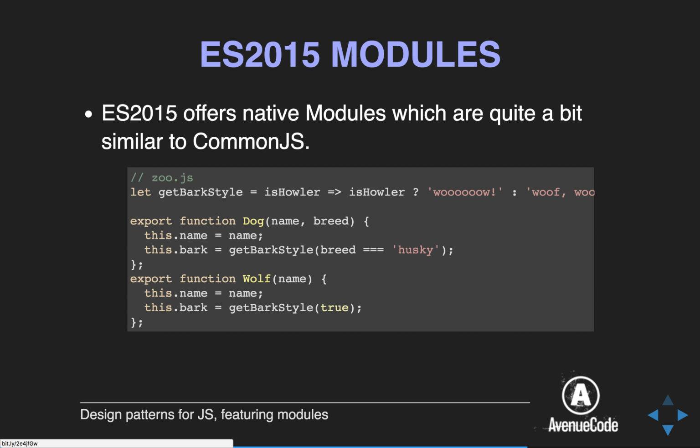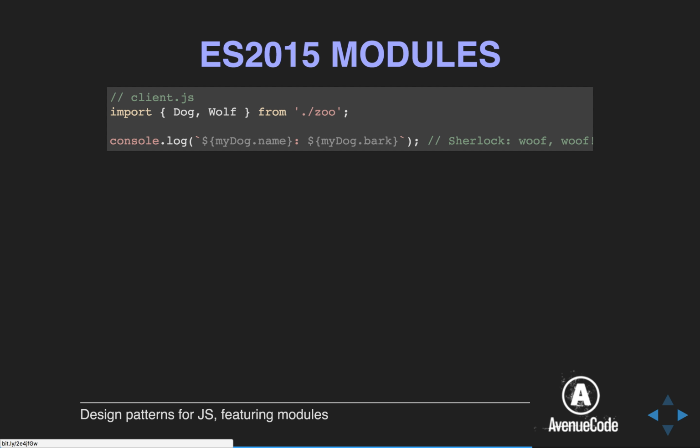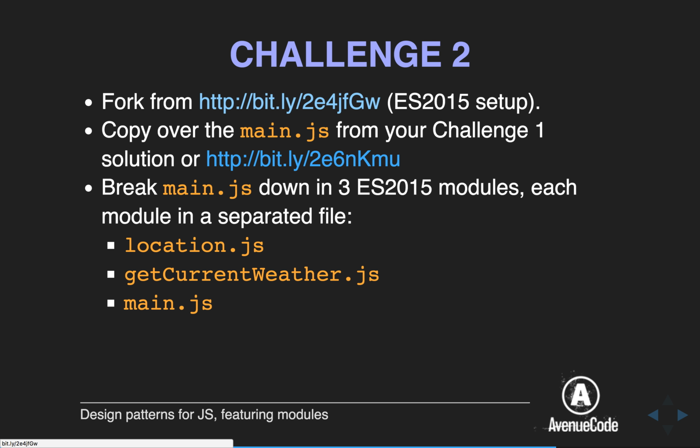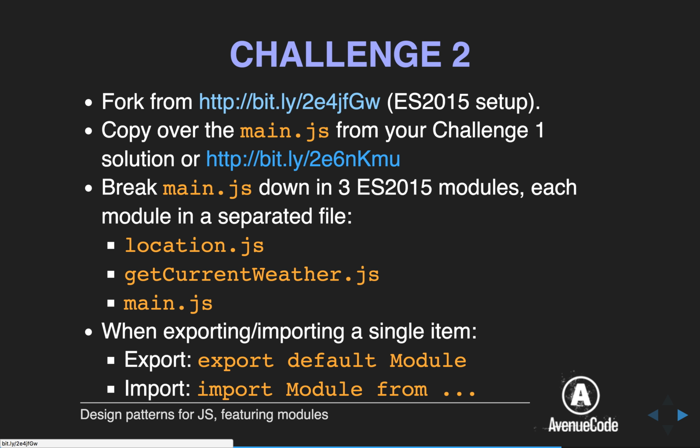That's just the way it's exported, so we chose the 2 attributes that we are interested in. But in the challenge, in the case of location, there is only one thing, so you can use export default. If you do export default, then you don't need to put the curly braces around the module. Actually, if you don't put default, it's okay, but then you have to put the curly braces. I'm just showing you guys another way to do it.